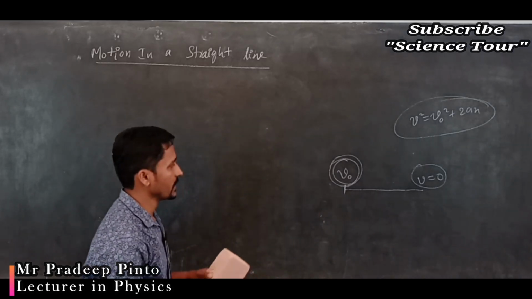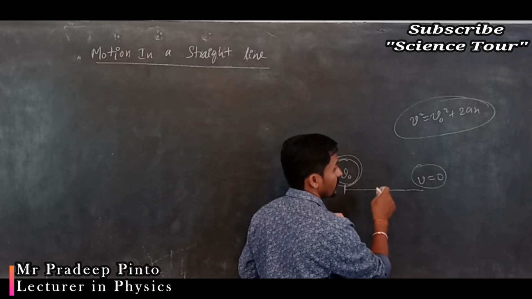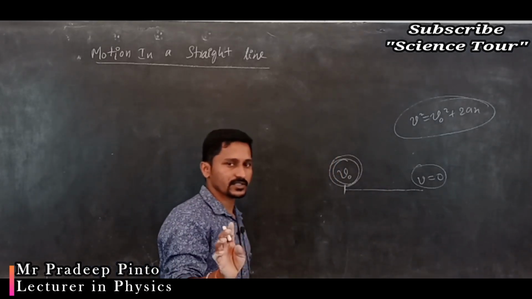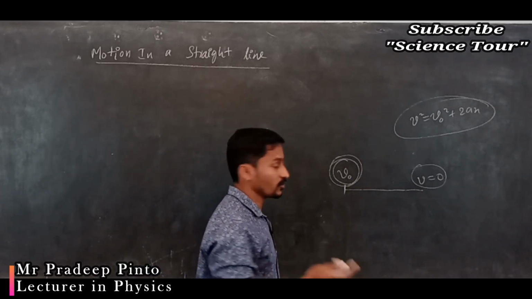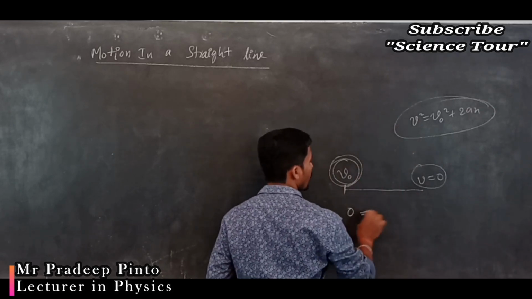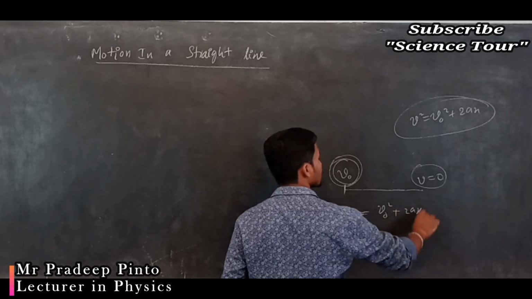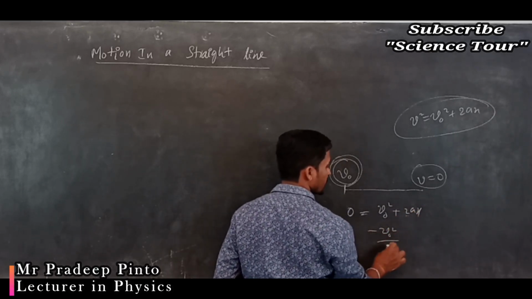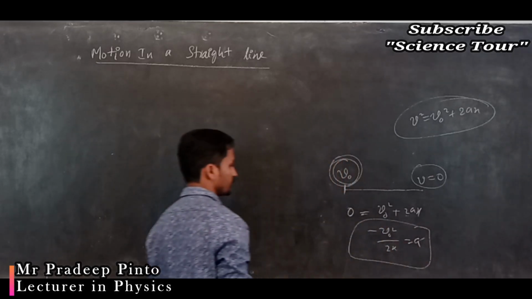Now what happens is, it is going to decrease. Decreasing the velocity means also some acceleration is there, increasing the velocity means also some acceleration is there. Now decreasing means it is going to become 0. So see, from this equation, final velocity is 0, initial velocity is v naught, plus 2ax, then you can write minus v naught square divided by 2x, which is equal to a. That is nothing but retardation, no?